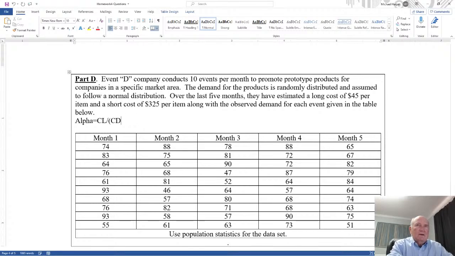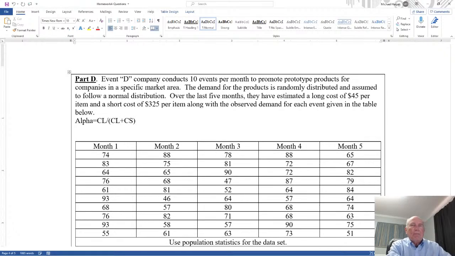And then the Z will be the normal standard inverse of your 1 minus alpha.